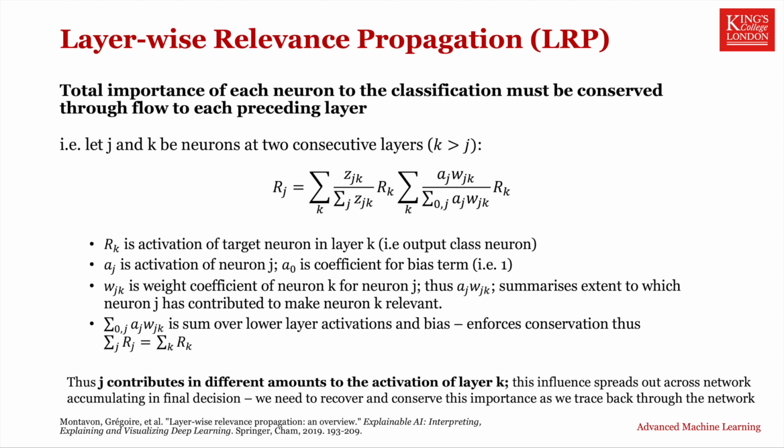Specifically, a high WJK would mean that a high weight was being assigned to the contribution of activation J when estimating the output of neuron K. And then the sum over all J in the denominator acts to enforce conservation of total amplitude as the activations are traced back through the network to the input space, such that at each consecutive layer, the total sum of relevance of these activations is conserved, such that in the end, this will mean that the relative amplitude of the gradients, when they get projected back onto the input image pixel domain, will be interpretable as indicating the relative importance of different features in the image to the prediction.